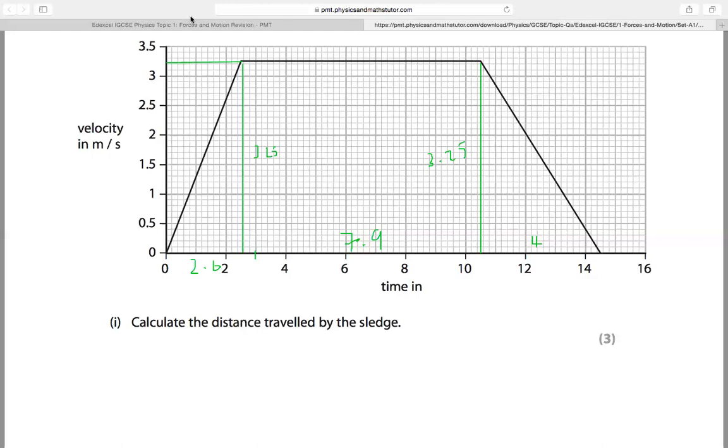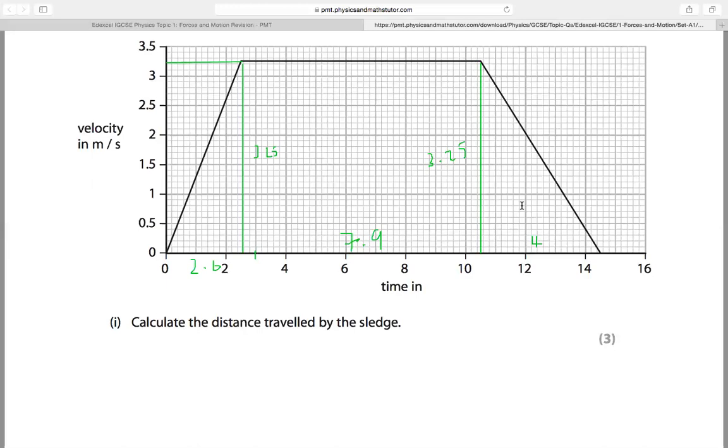Okay, if you're still doing, please raise your hand. If not, I will move on to the next question. Your final answer should be 36.4 meter. So the first triangle's area is 4.225 meter. Second box, which is a rectangle, is 25.675 meter. Third triangle is 6.5 meter.